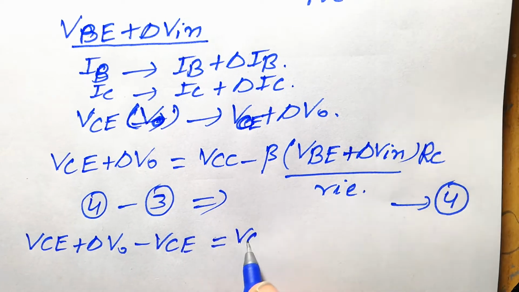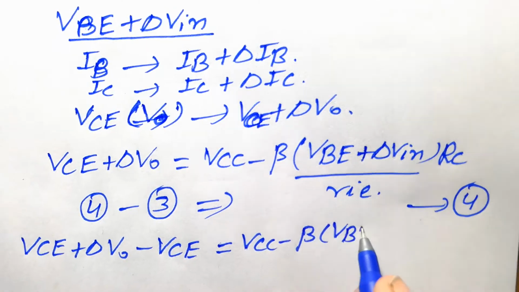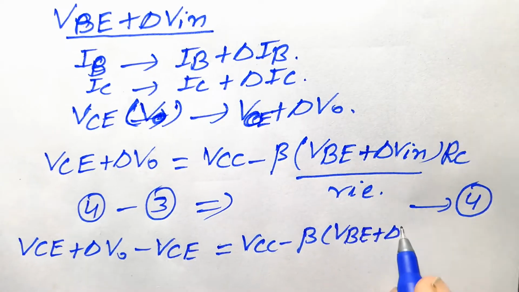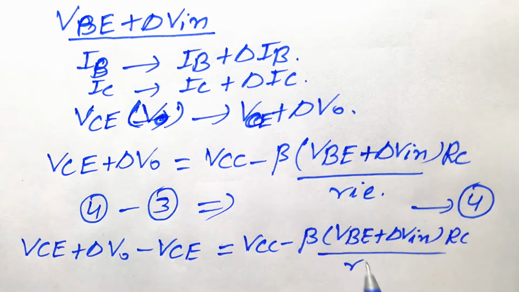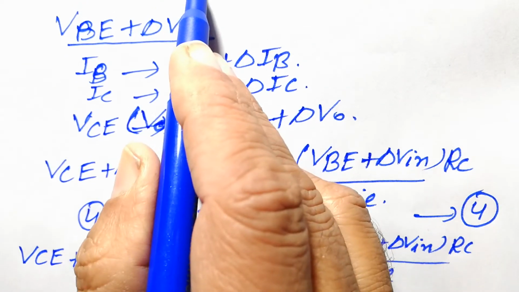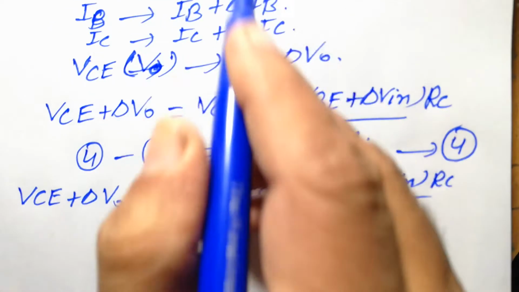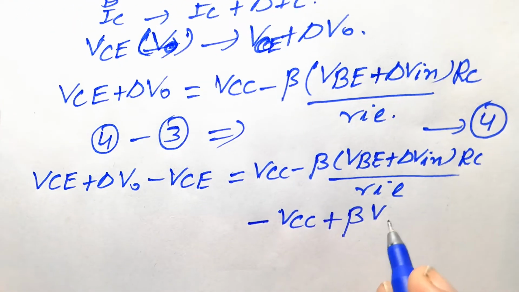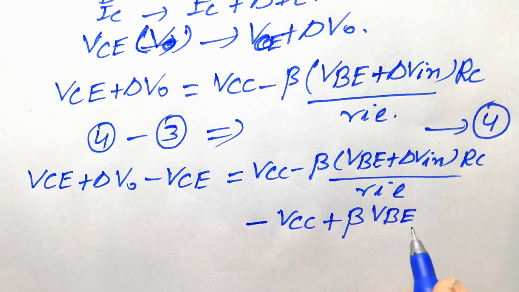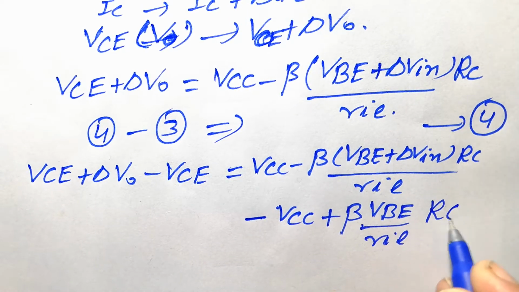On this side we have VCC minus beta VBE plus delta VIN, times RC divided by RIE, minus VCC minus minus becomes positive, so plus beta VBE divided by RIE into RC.